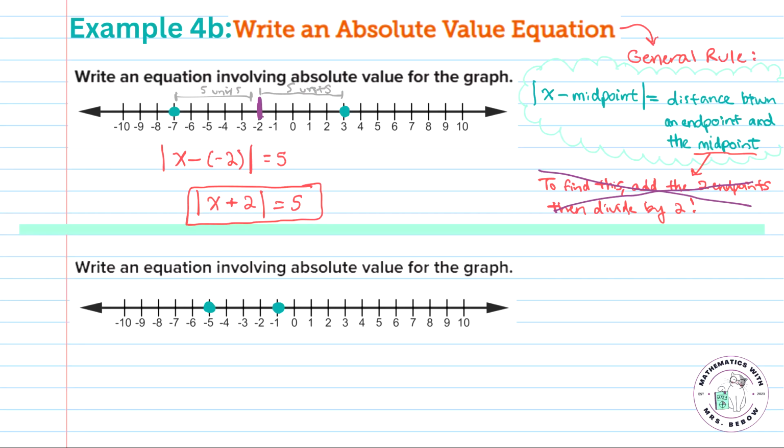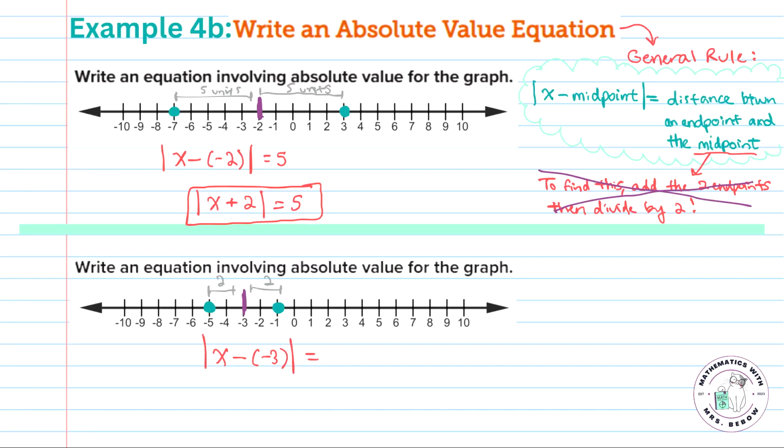So we're going to try the same thing on the next one. Write an equation involving absolute value for the graph. Again, we need to find that midpoint, which this one hopefully is pretty quick to see. That -3 is in the middle there. And this means our endpoints are 2 units away from the midpoint. So when I set up my equation, we are going to have x minus my midpoint, so x minus -3, inside the absolute value symbols.